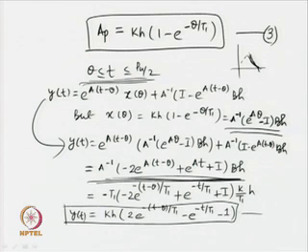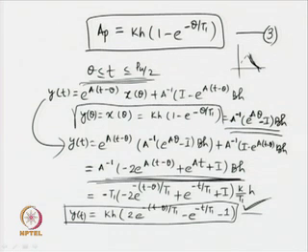Let us check the validity of this expression first, whether at time t equal to theta we get the same expression or not, what we have obtained earlier. At time t equal to theta, y(t) is how much? At time t equal to theta, y(theta) is equal to x(theta) is equal to K h (1 minus e to the power minus theta by T1).